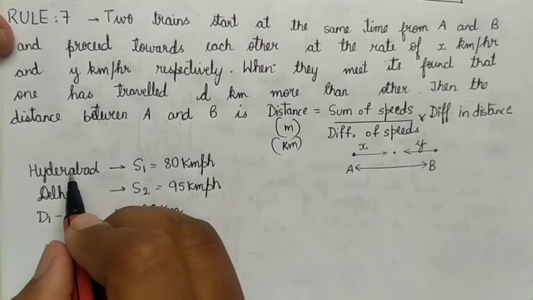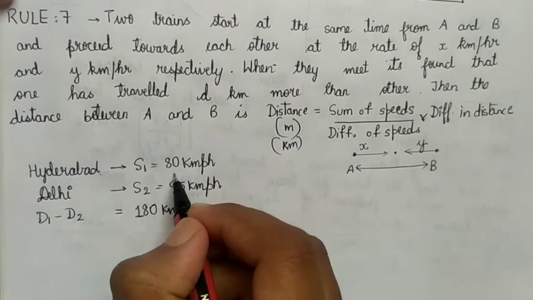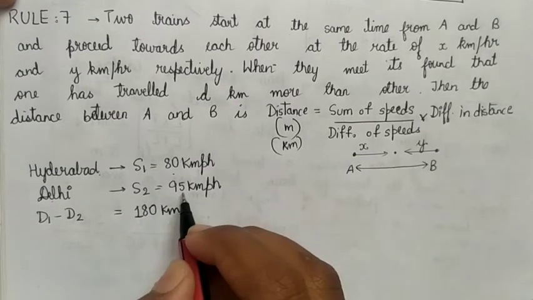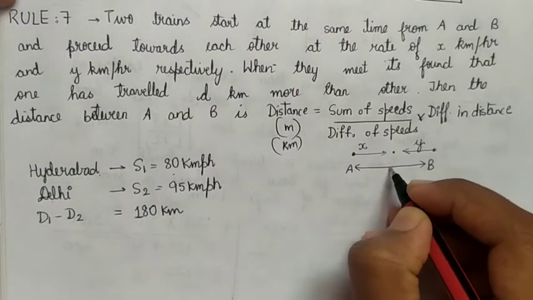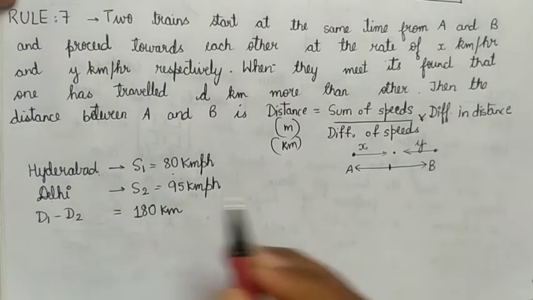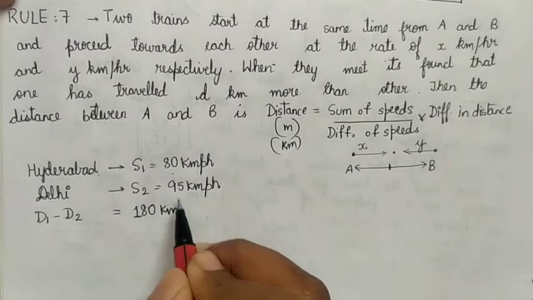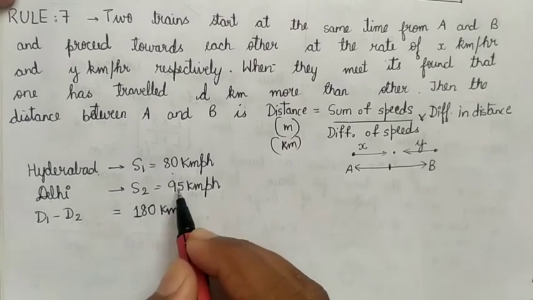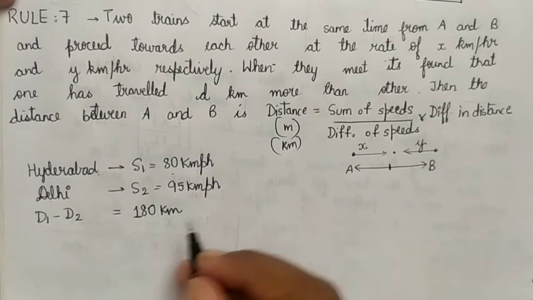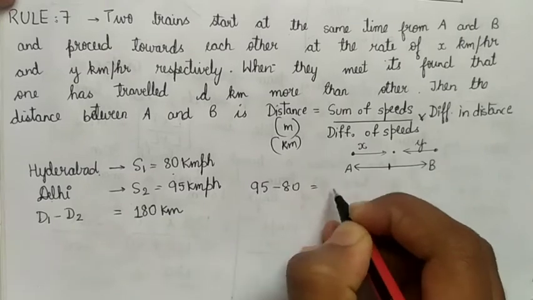For example, let's consider a train from Hyderabad starting at a speed of 80 km per hour. Another train from Delhi starts at the same time at a speed of 95 km per hour. When they met at this point, one of the trains had already covered 180 km more than the other. Based on this, I can find how much more it covers in 1 hour. 95 minus 80 gives me 15.